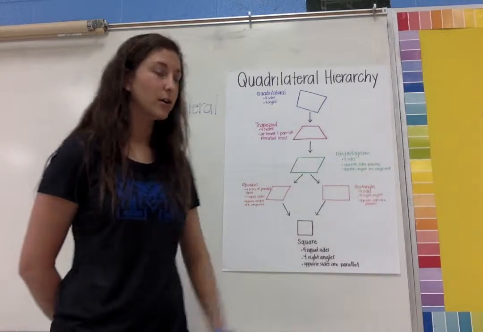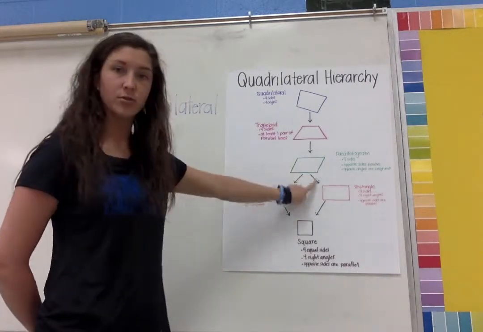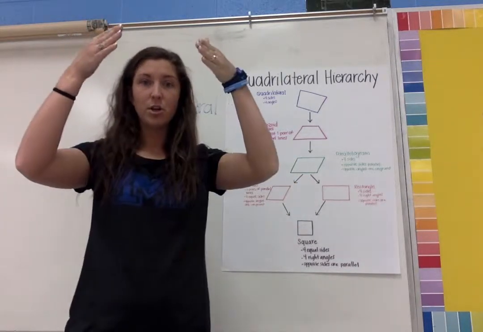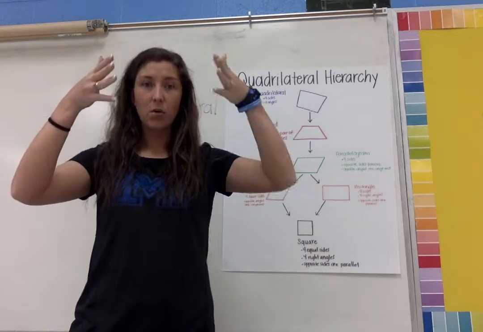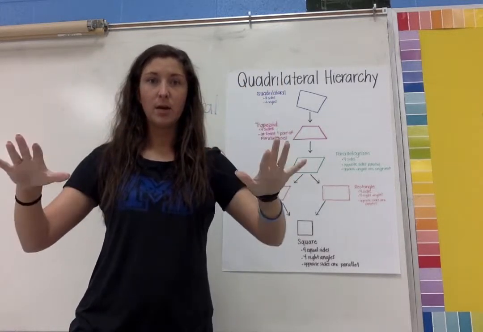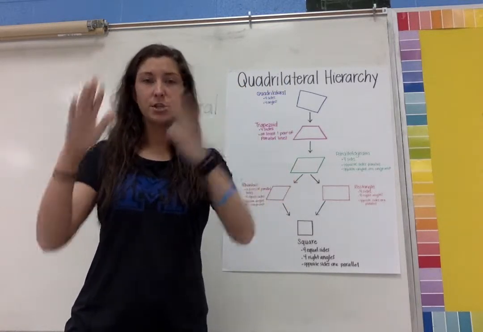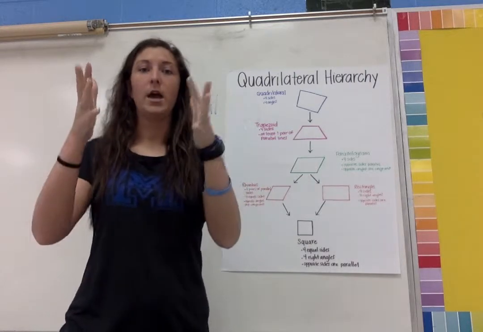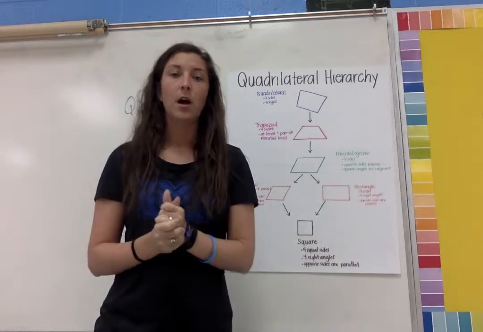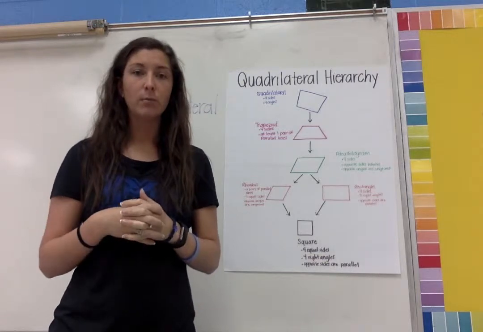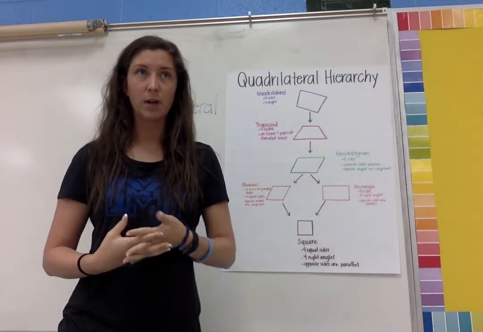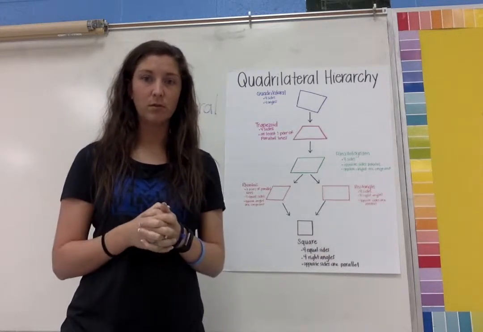And all a hierarchy is what these arrows are showing you here. So it's showing you how this can be a quadrilateral, this can be a quadrilateral, and then it breaks off. And these two different shapes can only be whatever that shape is. So the first thing that we need to know really before we start talking about quadrilaterals is, what does the word quadrilateral mean?